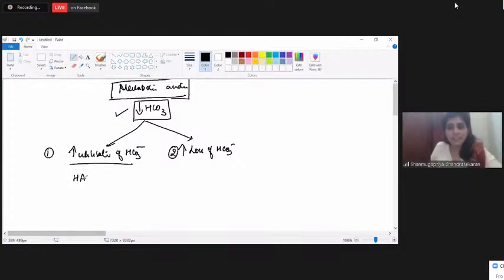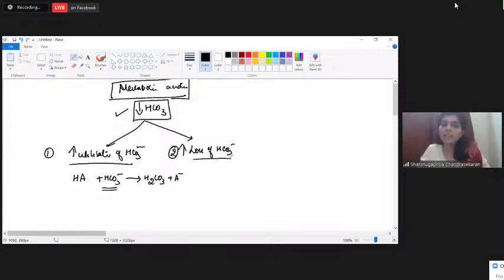It can be any acid. Any acid which gets generated in your body is going to utilize bicarbonate, which is a buffer, and that's going to give rise to H2CO3 and A-. So bicarbonate has been utilized. There is a decrease in bicarbonate that causes metabolic acidosis. So this is one category of causes.